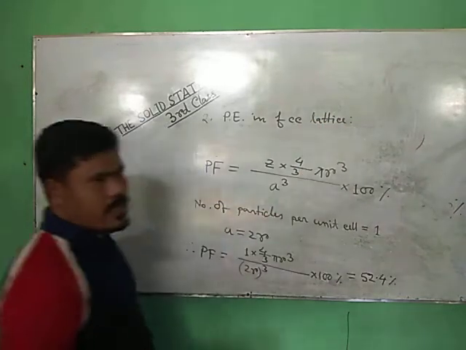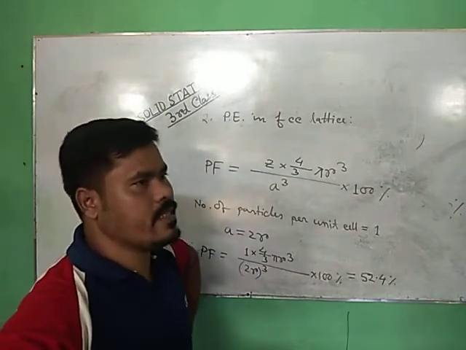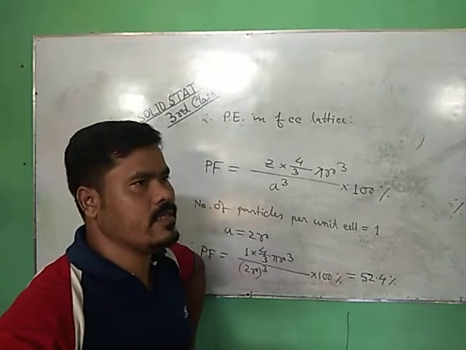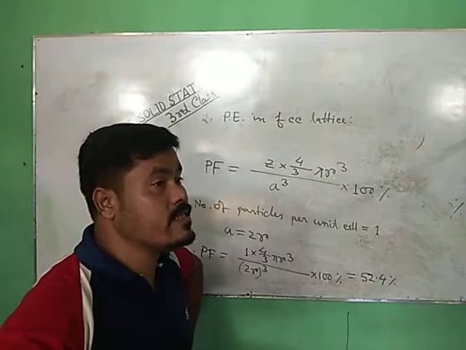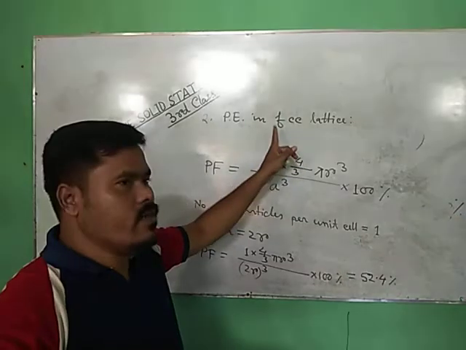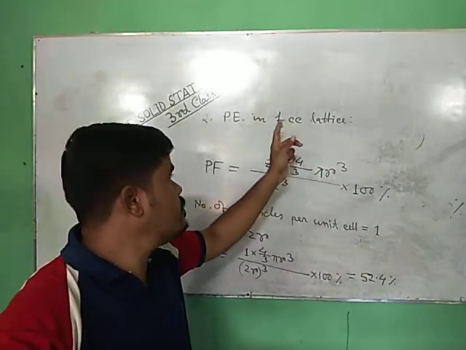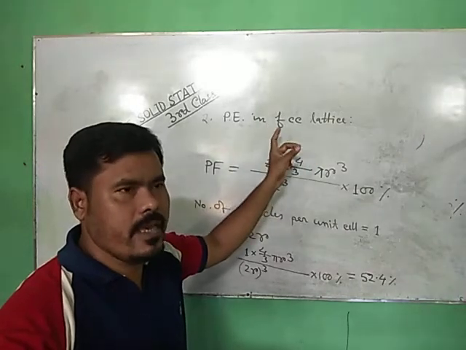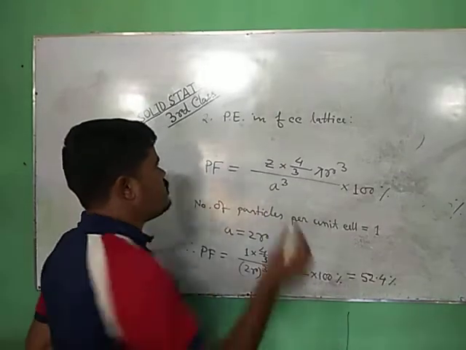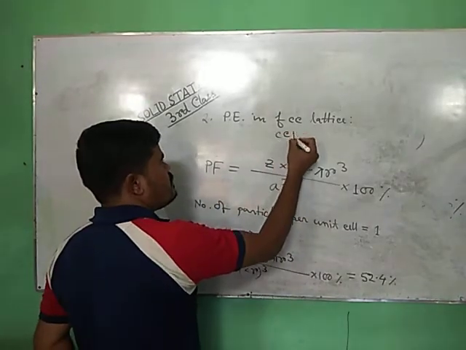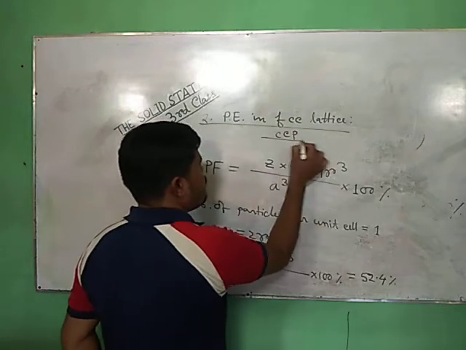Here this term FCC, face centered cubic, is also termed as CCP when we refer to the lattice.